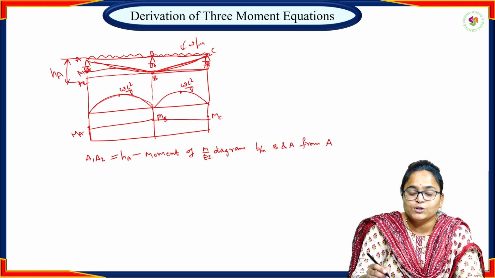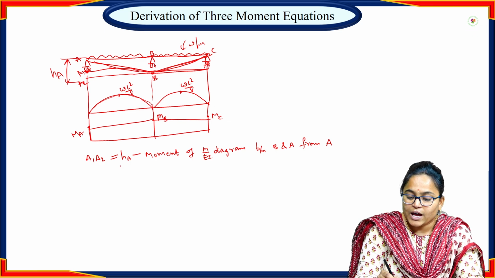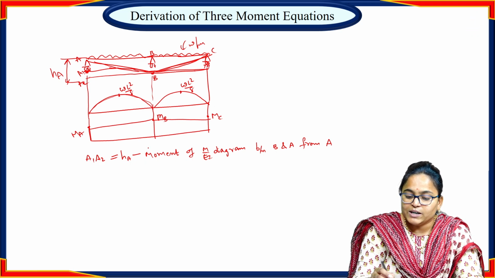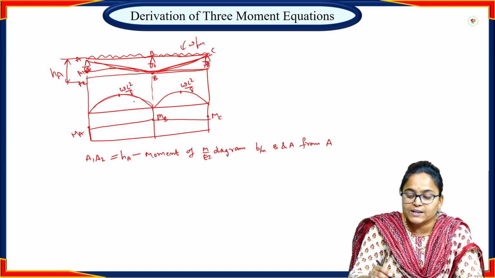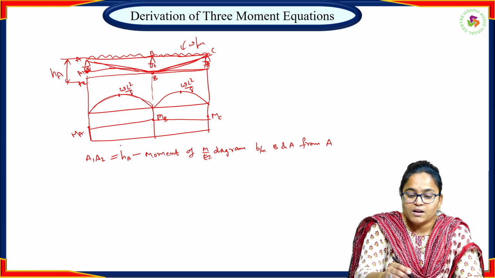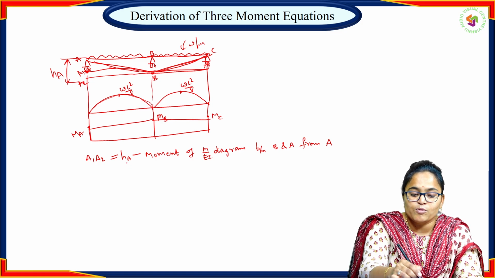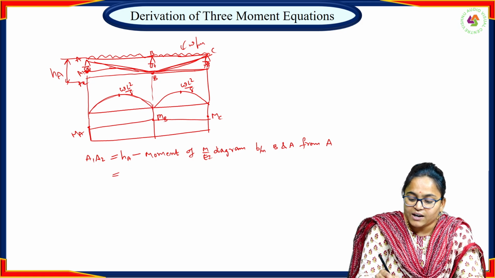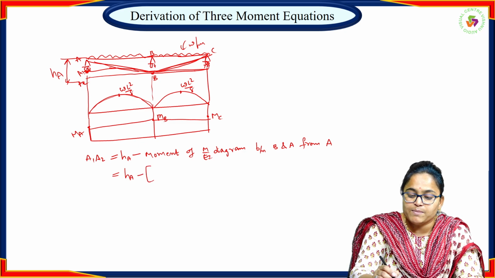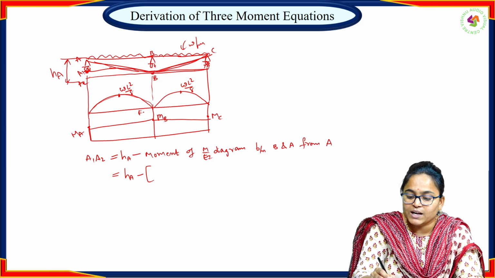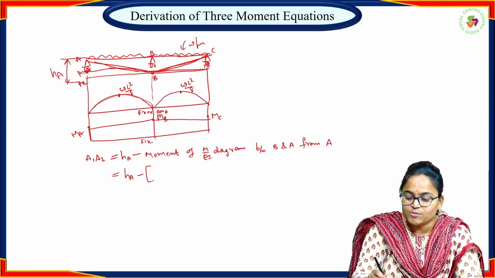Now we have to deduct the moment of both the free bending moment diagram and fixed bending moment diagram areas from HA, that is the deflection of A with respect to B. Now we can write HA minus the moment of the M by EI diagram. This is the free bending moment diagram and this is the fixed bending moment diagram.